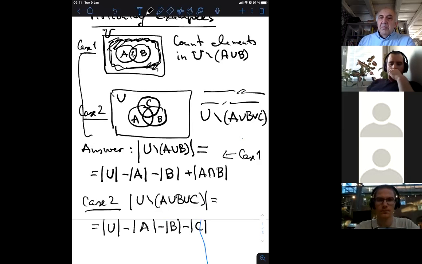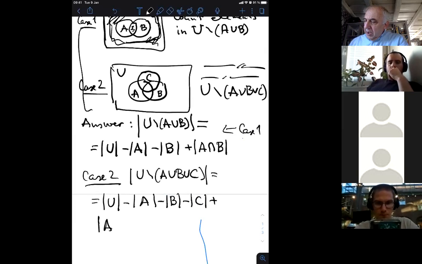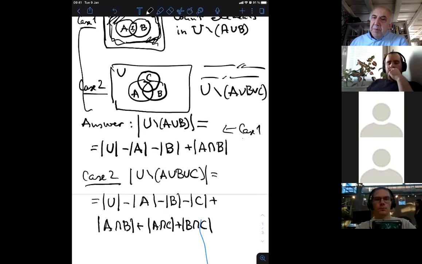But then we have done too much, yes? We have subtracted pairwise intersections twice, so we have to put them back: A intersected with B plus A intersected with C plus B intersected with C. But then we put back too much, because their common intersection we have put back too many times.